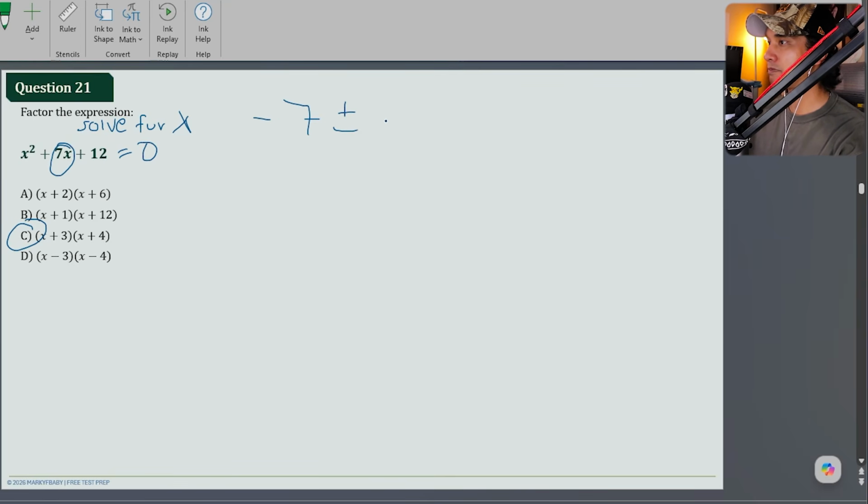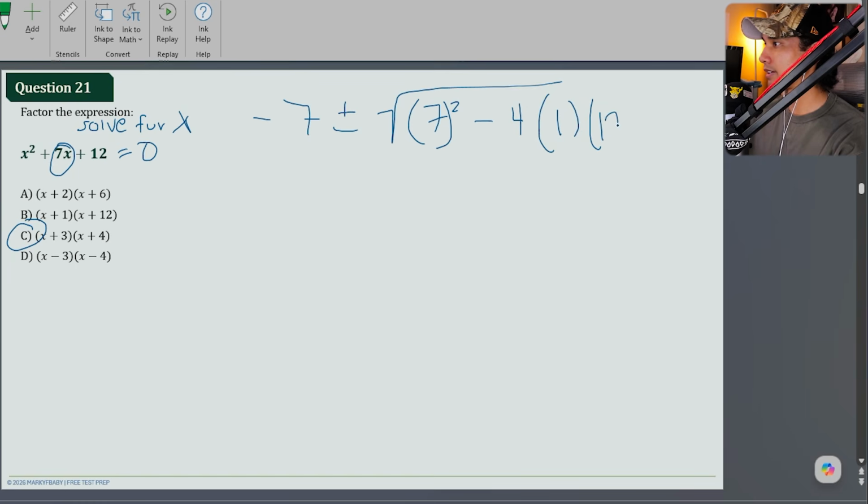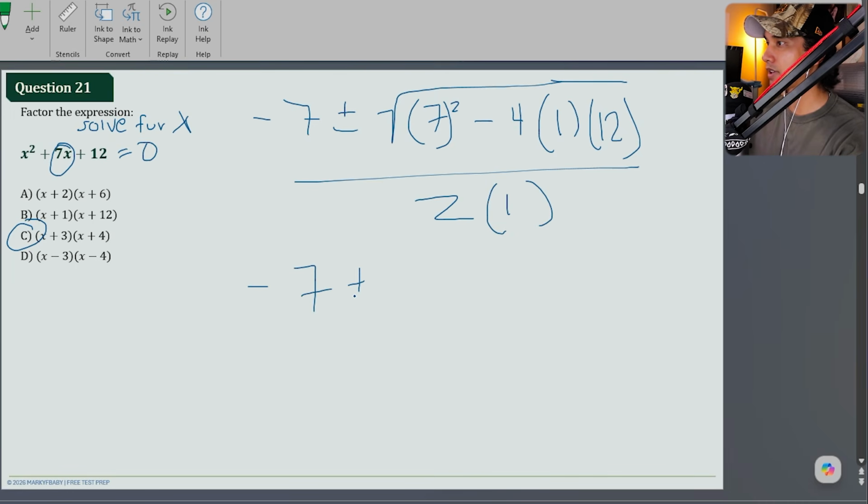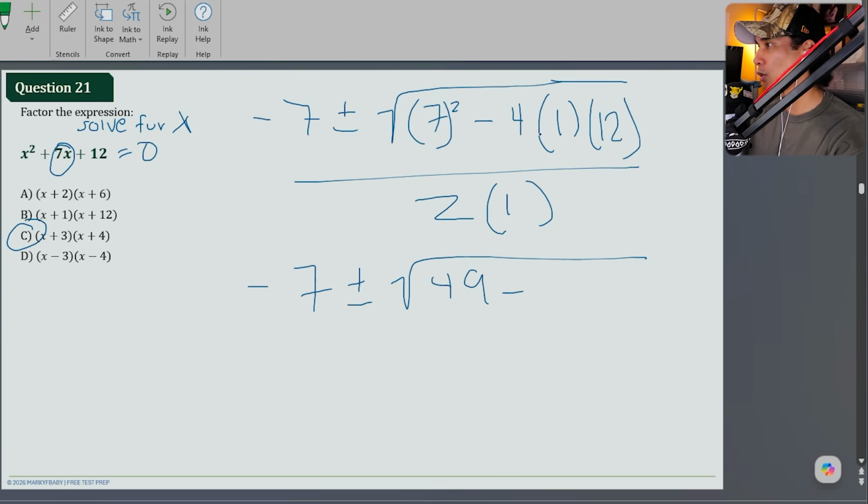-7 plus minus the square root of 7 squared minus 4ac, over 2 times 1. So -7 plus minus 49 minus 4 times 1 times 12. What is 12 times 4? I should know that, guys. It's 48.